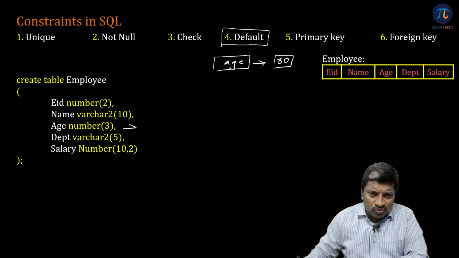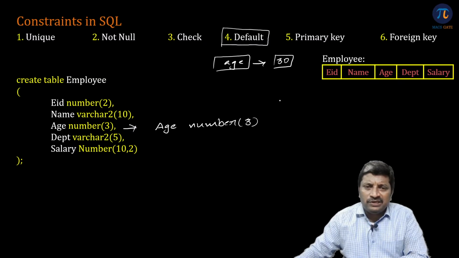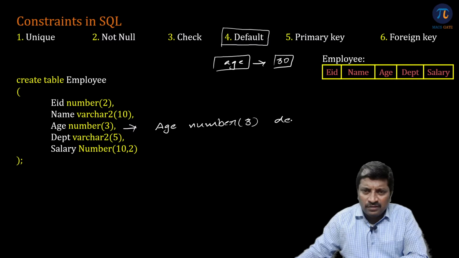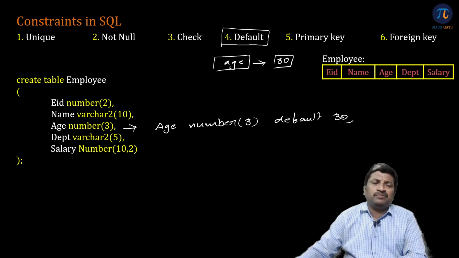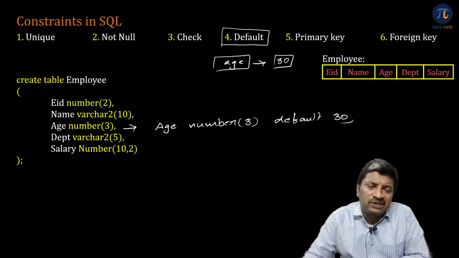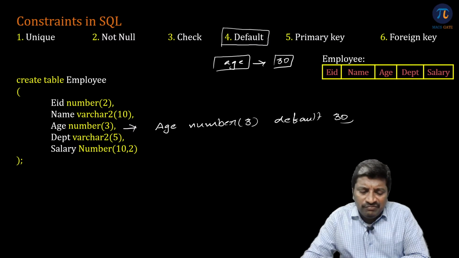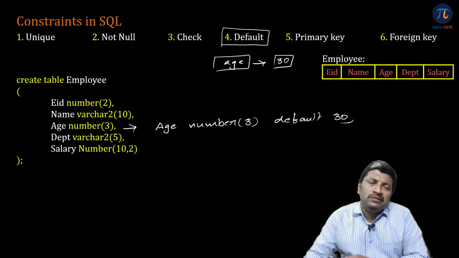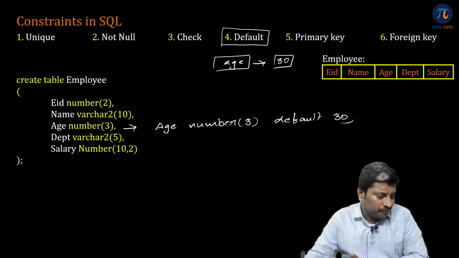So I will do it like this: age, number of 3, default is 30. Then if he enters a value, it will consider that particular value. If he doesn't enter, then the default value will be 30.